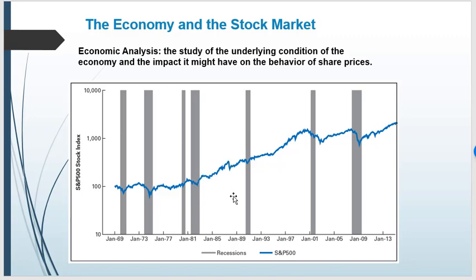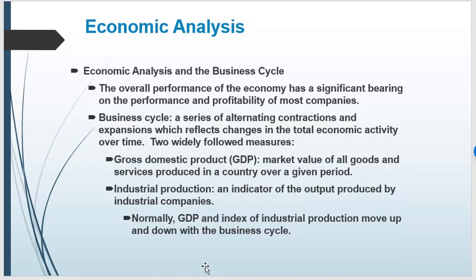We're going to see that there's also the end of the cycle. So we want to look at economic data to try to figure out, what should we analyze? How can we determine or predict what the market's going to do in the future?